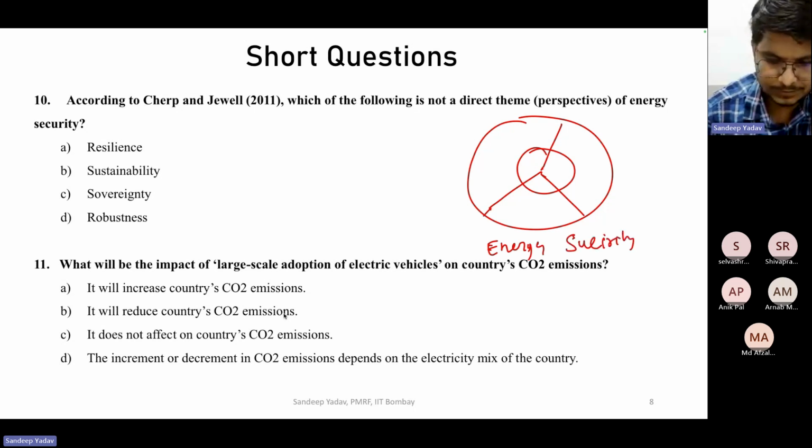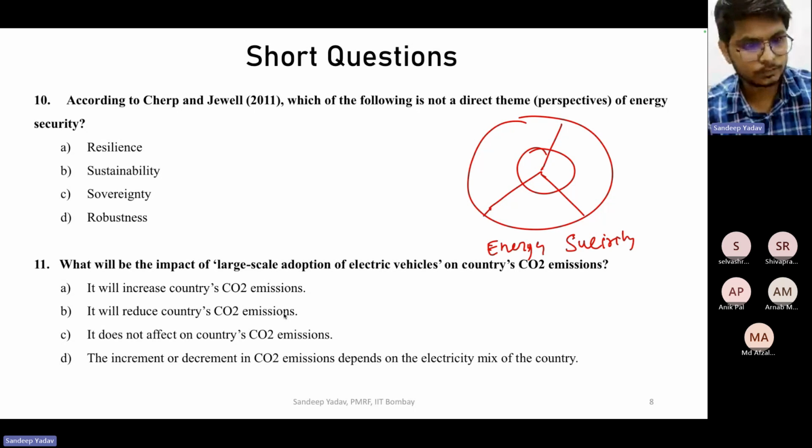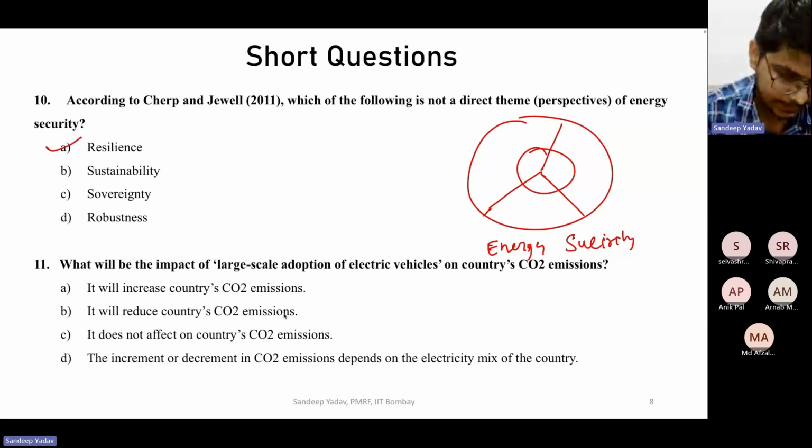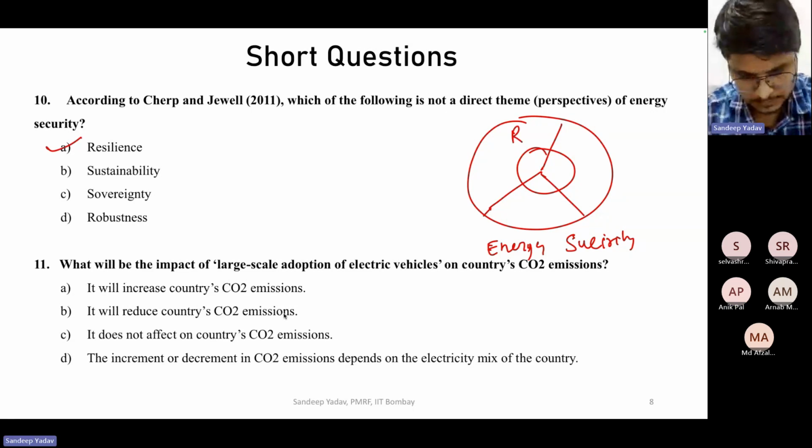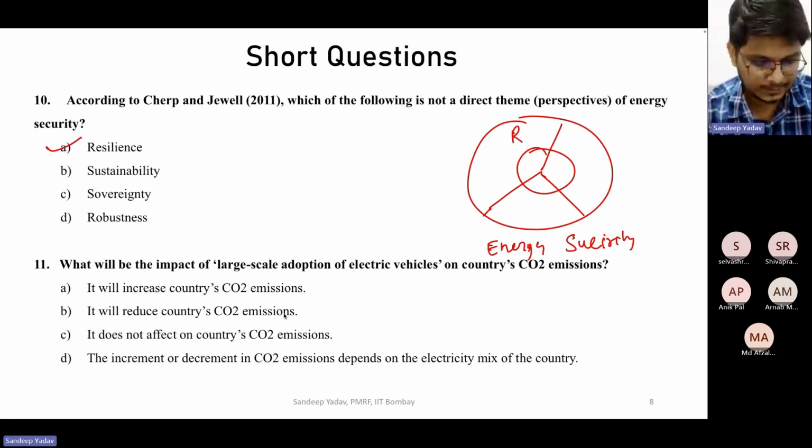You need to answer this. Resilience was a part of that, yes or no? Yes, resilience was a part of it. The other thing is sustainability.